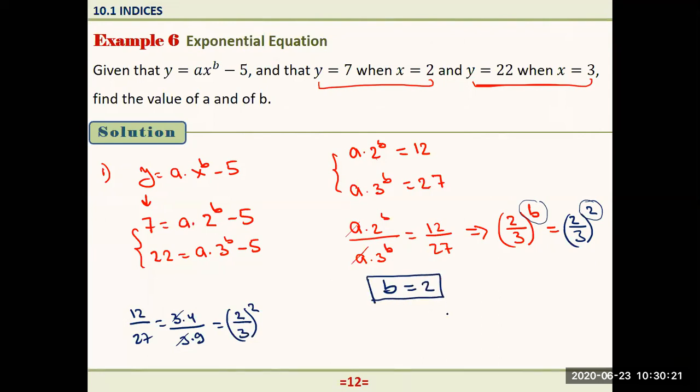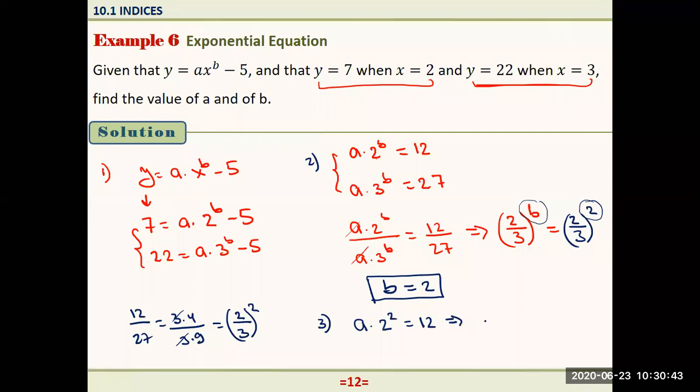Now, if I substitute this value into either the first or the second equation, we can determine the value of a. That is the first step, and here we have the second step. The third step is to substitute here, for example, a times 2 to the power b, and b is 2, that's equal to 12.